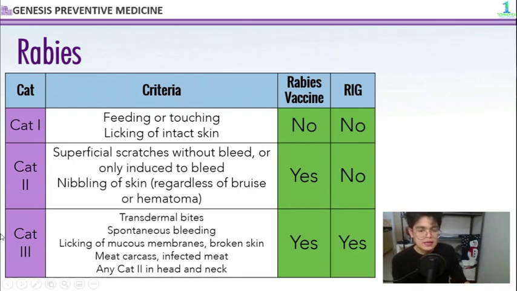So when a category 2 exposure is located in the head and neck, that is immediately upgraded to category 3. So in category 3, you give both the rabies vaccine and the rabies immunoglobulin.